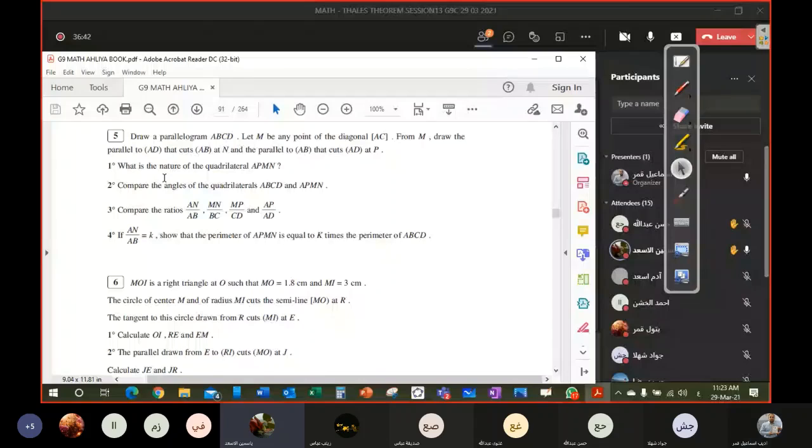Number 1. What is the nature of the quadrilateral APMN?